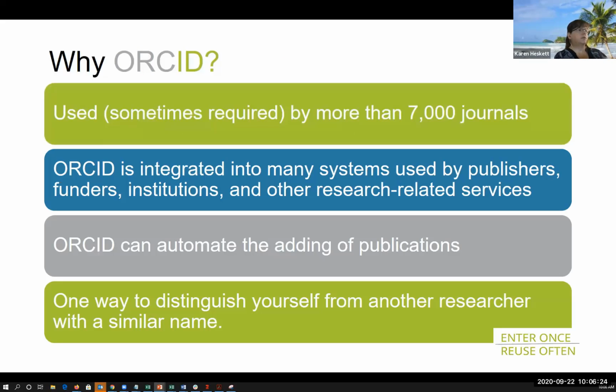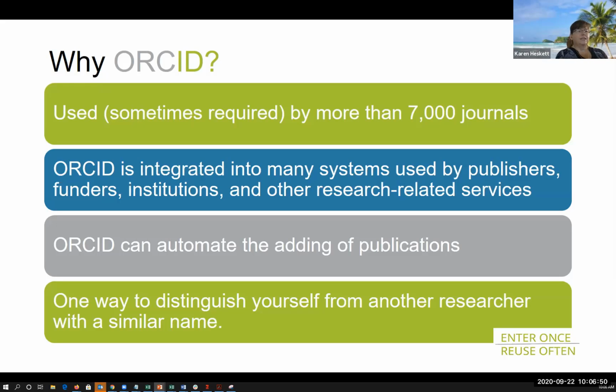All right, so why ORCiD, or what is ORCiD offering to us now? ORCiD is used, and this is probably a little bit of an older statistic, by over 7,000 journals, meaning that the publishers are asking for at least one author to have an ORCiD number.